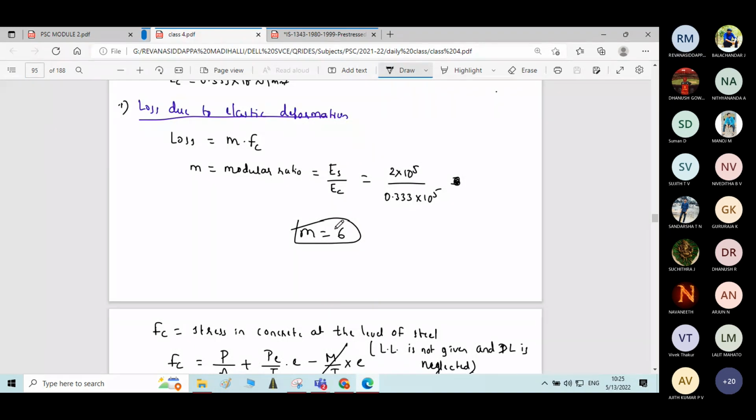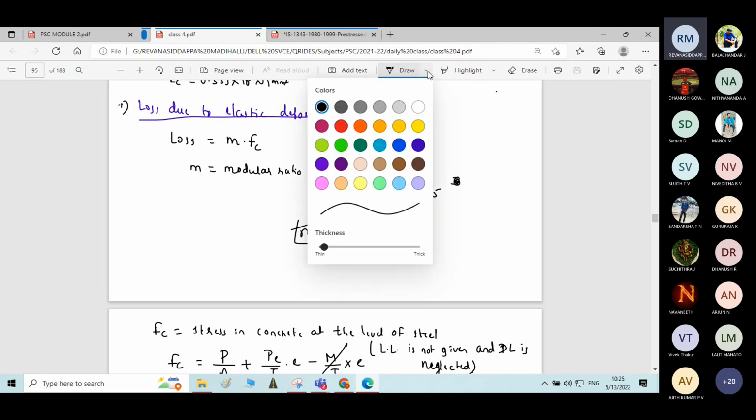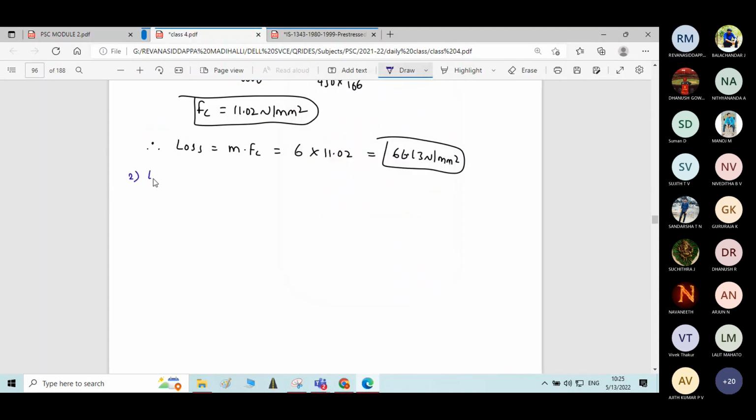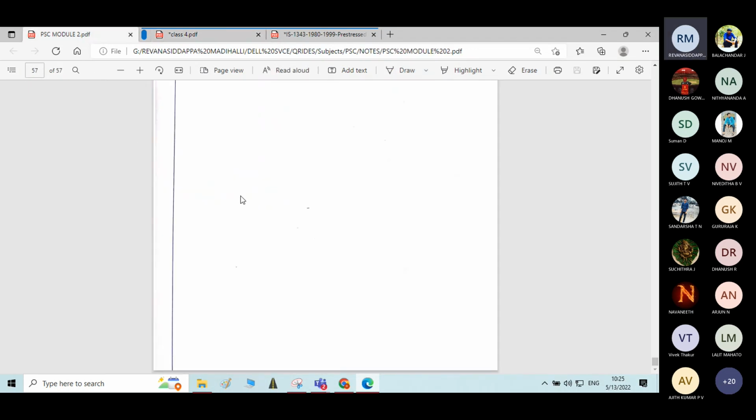That's it. Then, second, we will calculate loss due to shrinkage. So what is the formula for loss due to shrinkage?